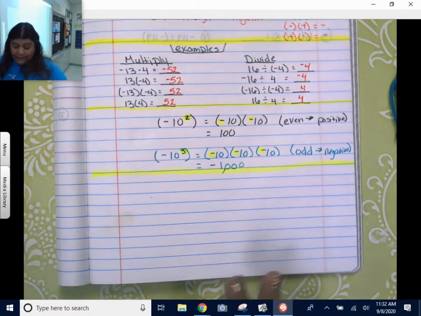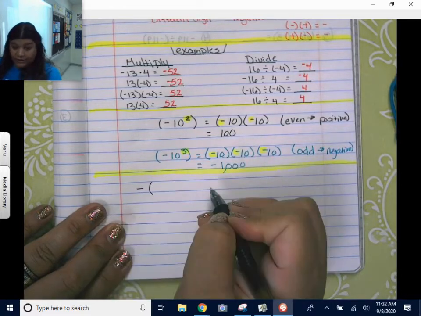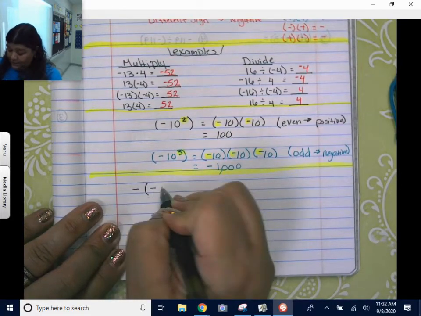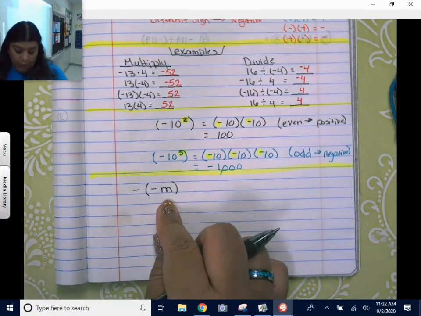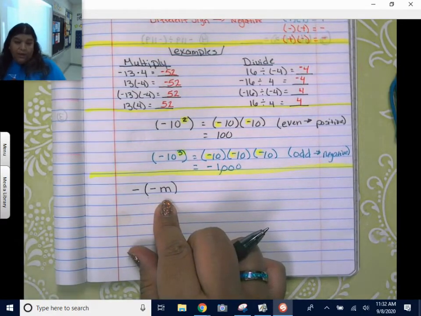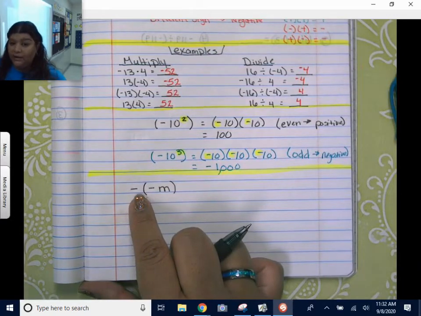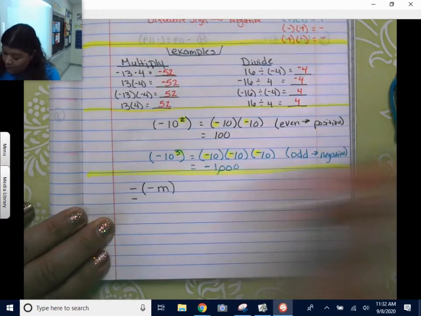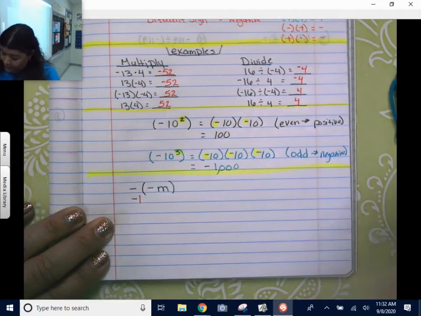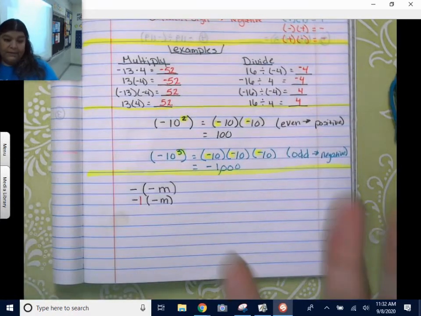So let's say I have a negative sign, then a parenthesis, another negative sign, and then m, or let m be whatever number you want. What this really means is there is an invisible 1 right there. So what this really means is negative 1 times negative whatever number is in there.